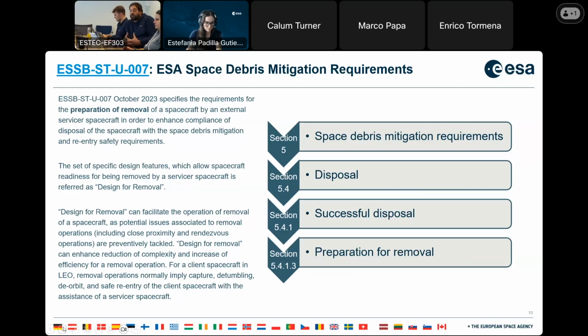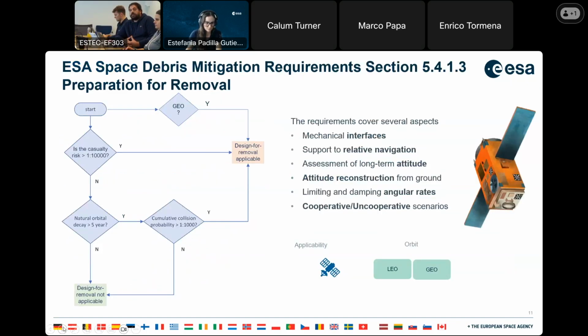Going more into details in this part, this requirement, and it's important to highlight the general point related to all these, covers different and several aspects. For sure, one of the most important is related to the applicability as an orbit environment of this requirement.